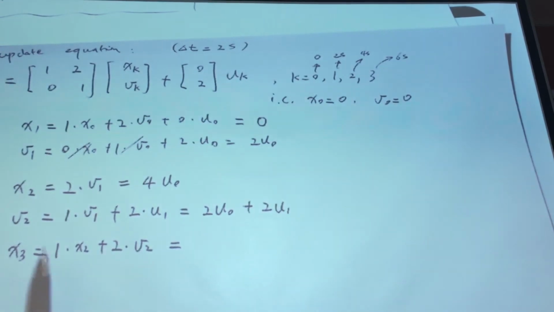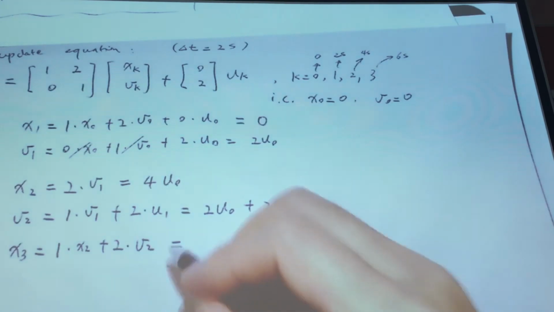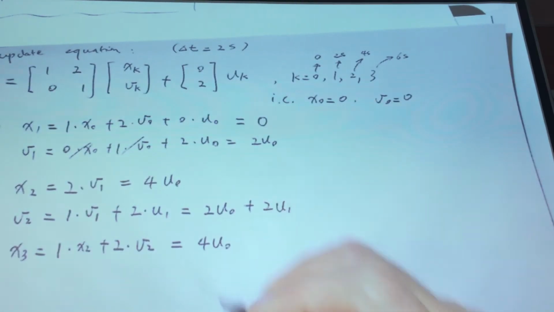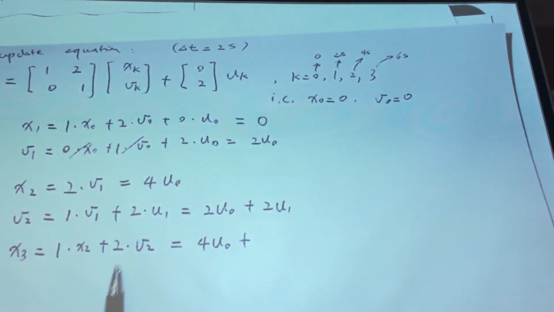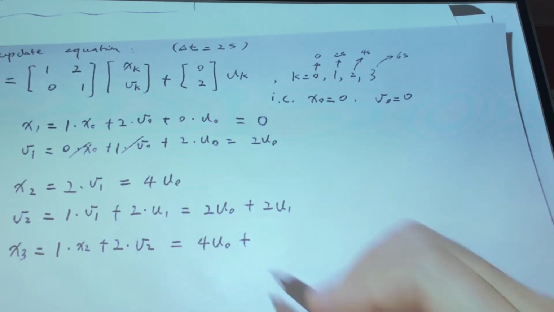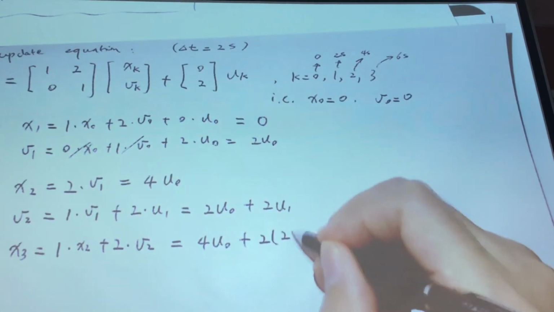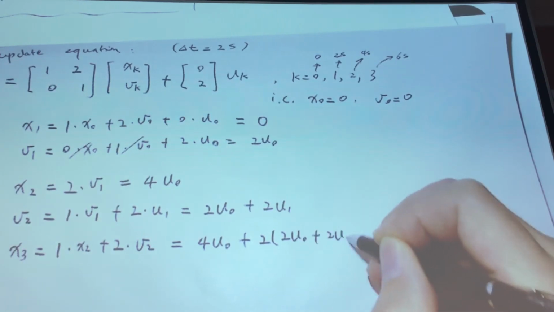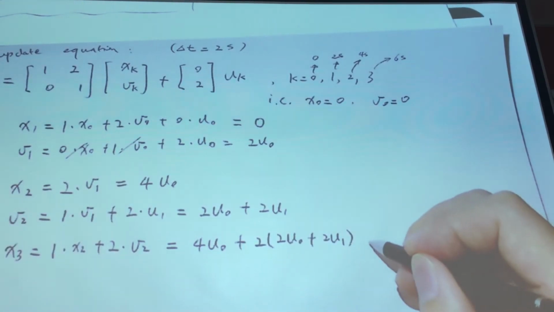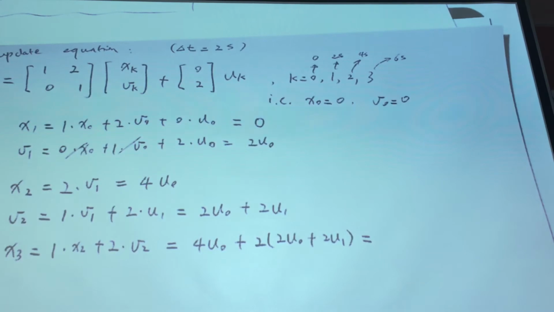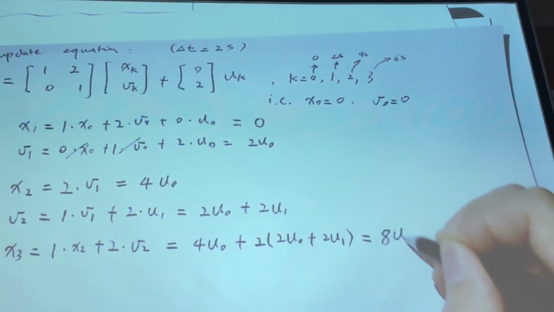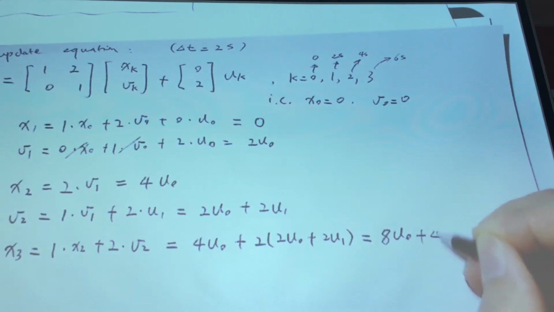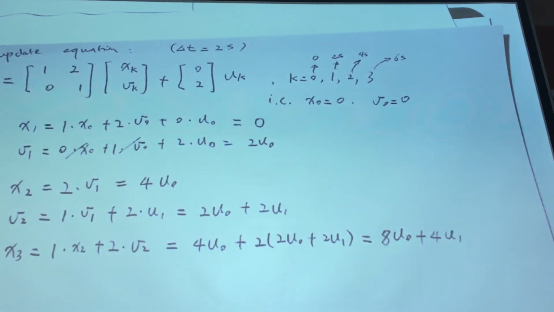The x2 is given by 4u0, so 4u0 plus 2 multiplied by v2, which gives 8u0 plus 4u1.